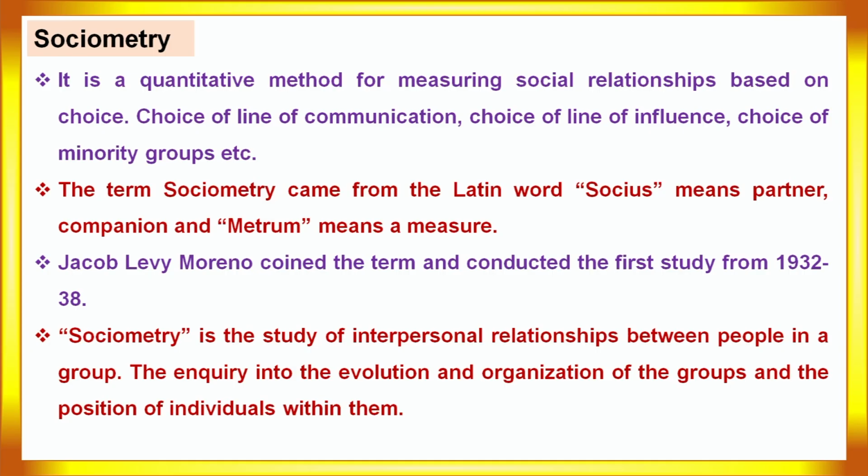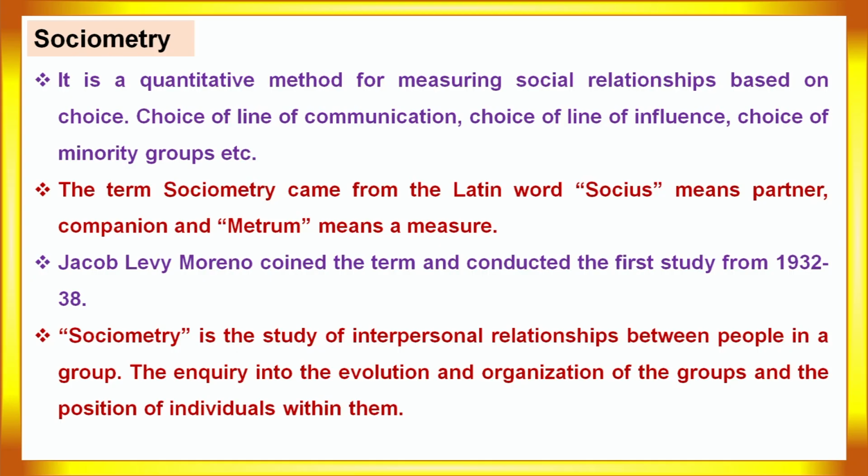The term sociometry originated from a combination of Latin words. It came from the Latin word socius, which means friends, companion, partner, and metrum, which means measure. So, it is the measure of friendship, companionship, partnership.